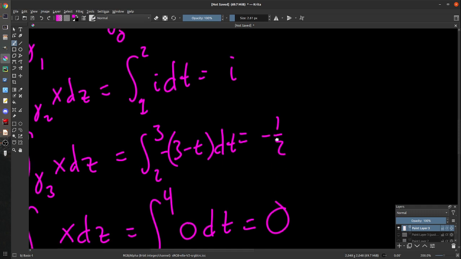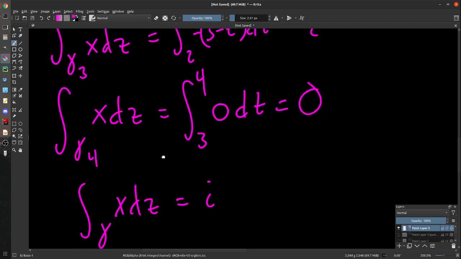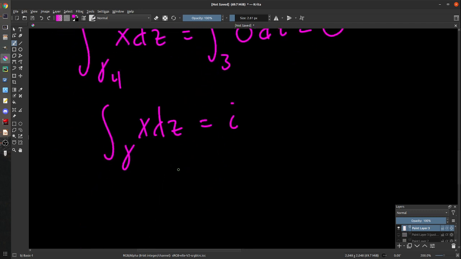Each little chunk, and there we go. We calculated that. Not too bad. You just have to use the straight up definitions and do a couple of simple derivatives and some basic Calc 1. Nothing too horrific.